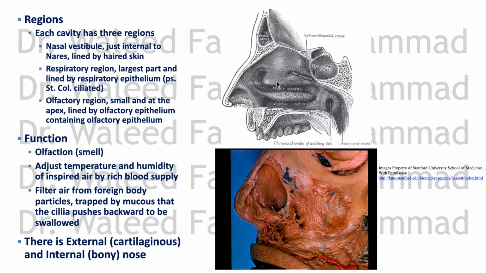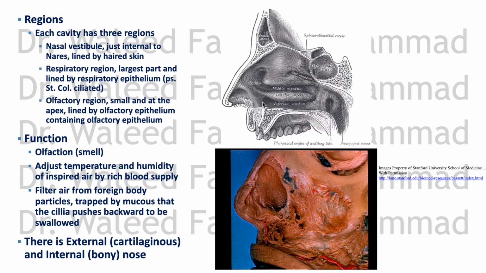This mucus traps the particles and foreign bodies in the air, and this will eventually be swallowed. So this is the function of the mucus, to humidify the air and trap the particles in the air to prevent them from going to the lungs.